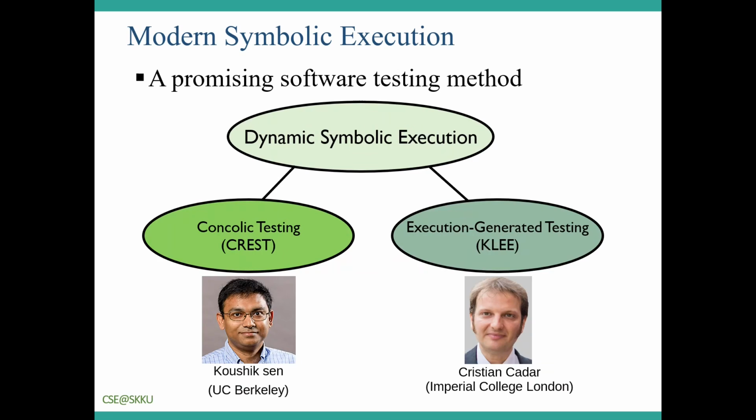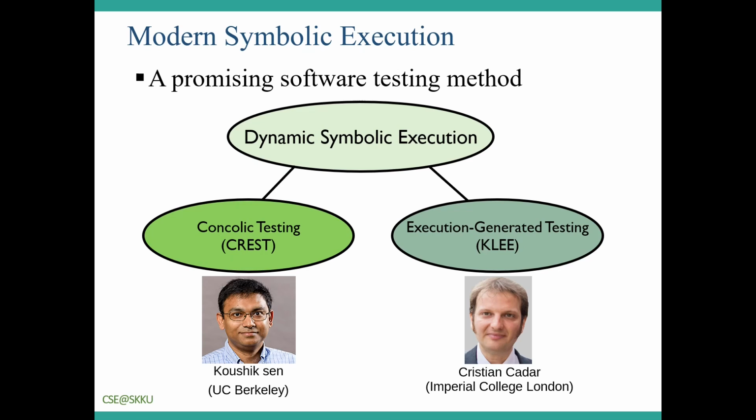More specifically, modern symbolic execution is often referred to as dynamic symbolic execution. There are two major variants of it, concolic testing and execution-generated testing, EGT. Concolic testing was first introduced by Koushik Sen, a professor at UC Berkeley, and EGT was proposed by Cristian Cadar, a professor at Imperial College London.